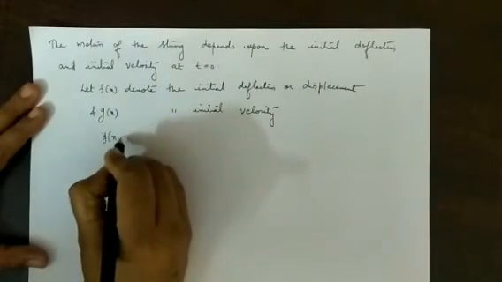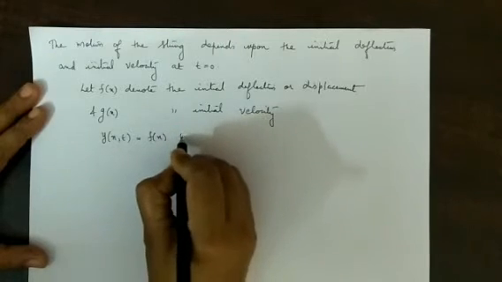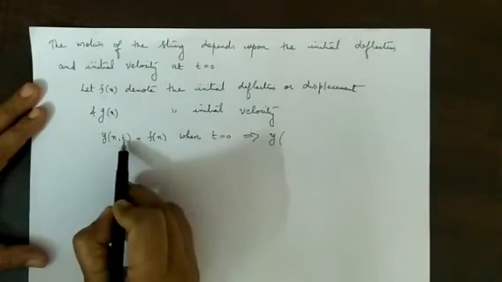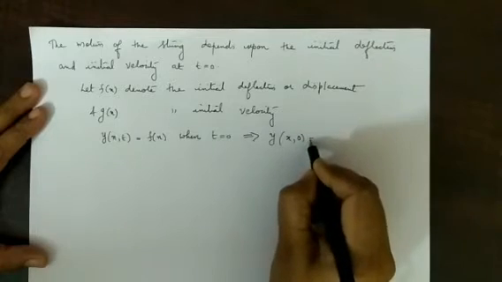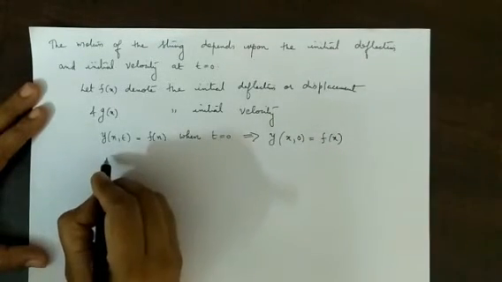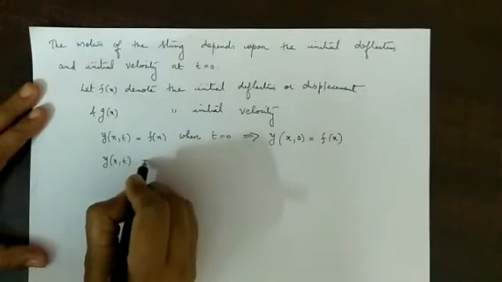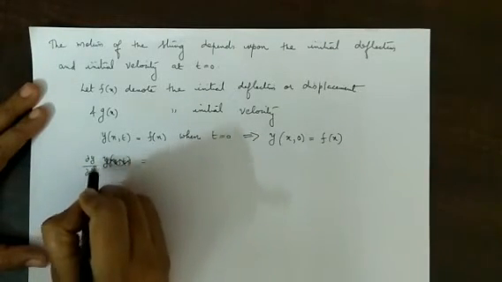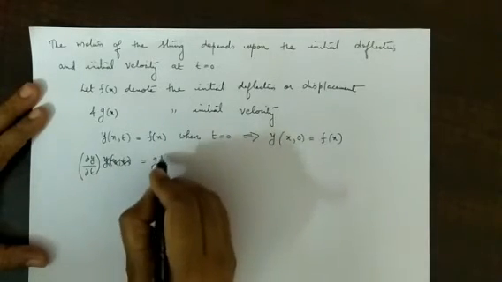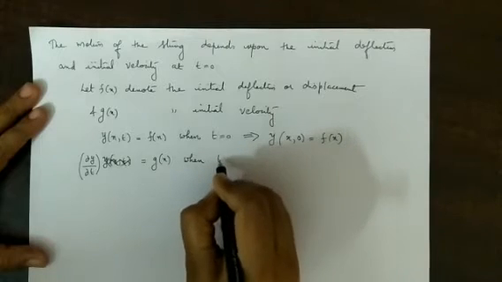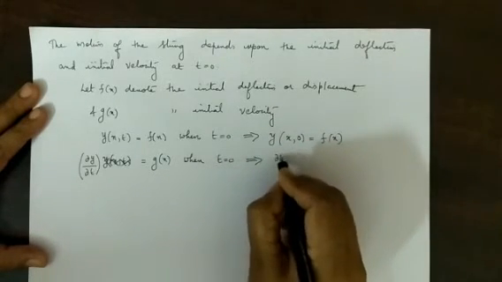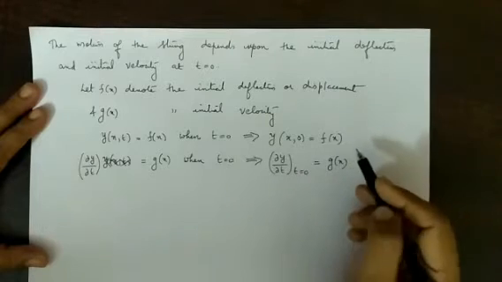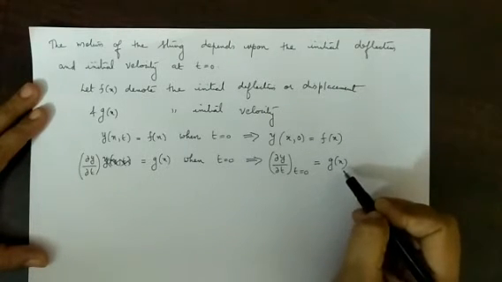Now we have y(x,t) = f(x) when t = 0, which implies y(x,0) = f(x). And it is the derivative of y with respect to t: ∂y/∂t = g(x) when t = 0, which implies ∂y/∂t at time t = 0 equals g(x). Here f(x) is the initial displacement and g(x) is the initial velocity.